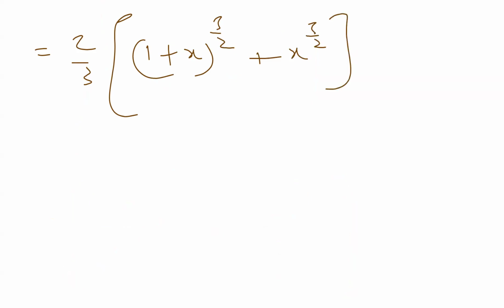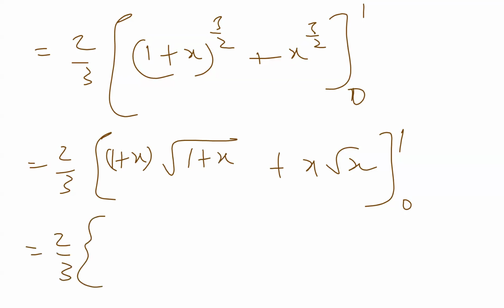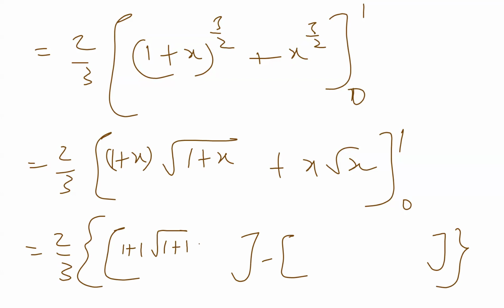Now I have told you one thing, that something raised to 3 by 2 is that something times root of that something. I've already communicated this to you many times. So 1 plus x root 1 plus x. So 2 by 3 box minus box: 1 plus 1 root 1 plus 1, plus 1 root 1, minus 1 plus 0 root 1 plus 0, plus 0 root 0.